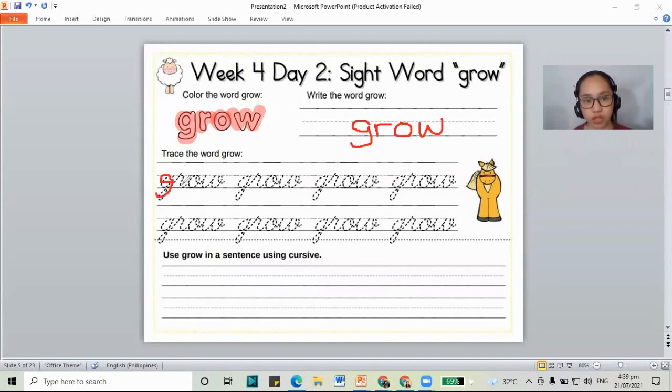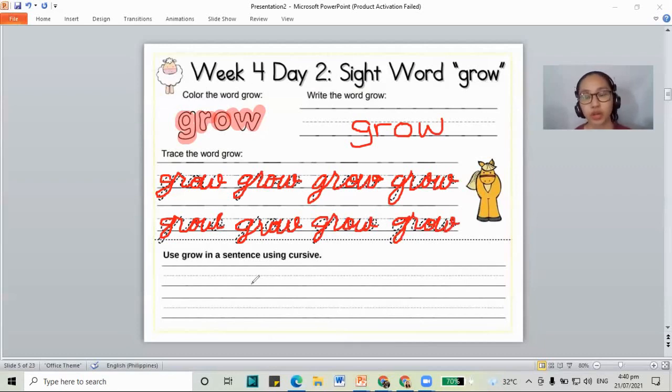When you make your cursive, try to follow the lines there for your word grow. Grow. Follow, make your word there.